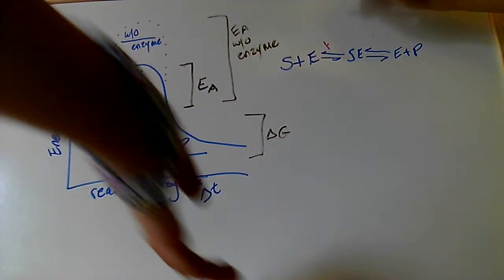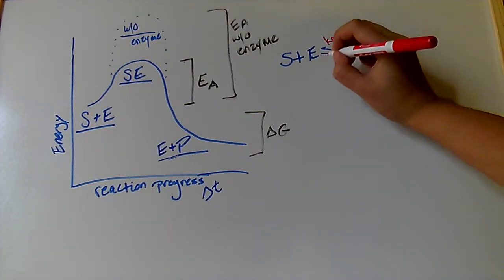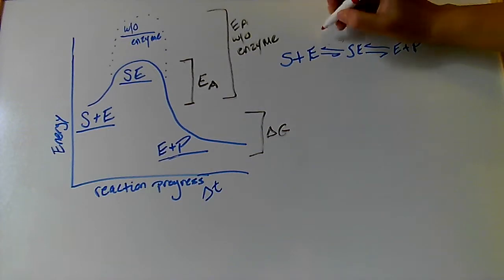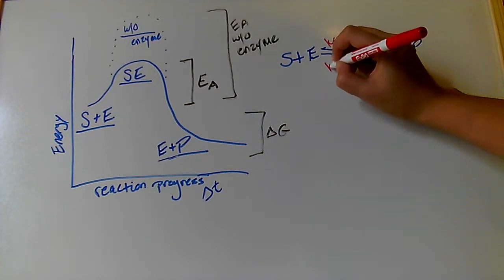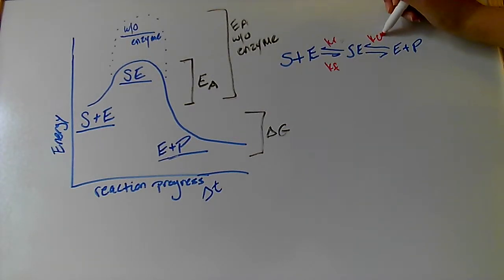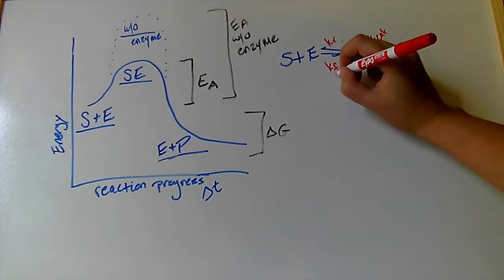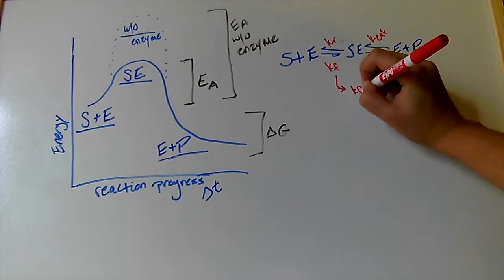You have a rate constant for your forward reaction, that's Kf, and then the rate constant for your reverse reaction, Kr, for forward and reverse. And then over this second reaction step, you have Kcat, cat standing for catalysis, or this last bit of the reaction actually being catalyzed. If you combine this Kf and Kr, what you're really doing is just looking at a ratio of K forward and K reverse.